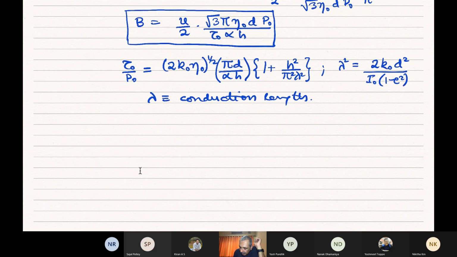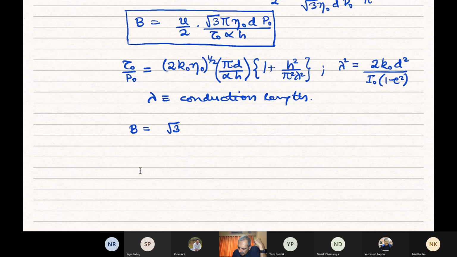So we can actually write down B as just equal to U by 2. Let me just change this around a little bit.